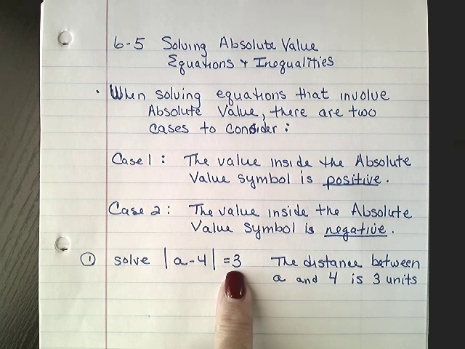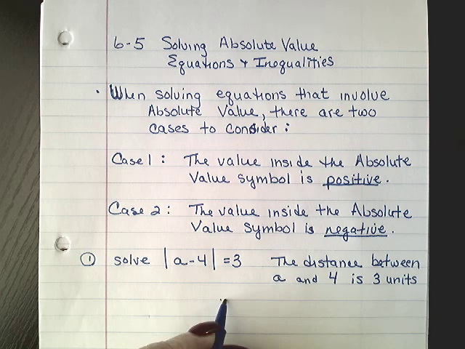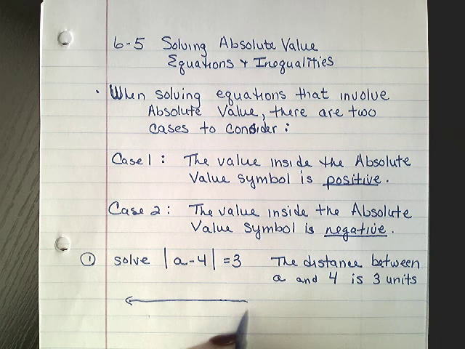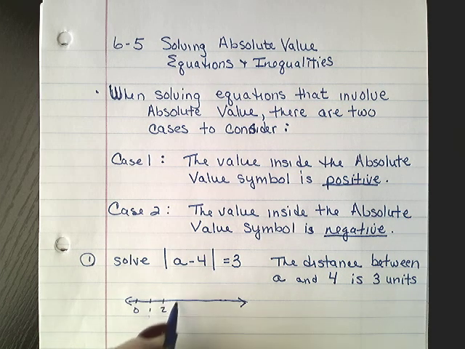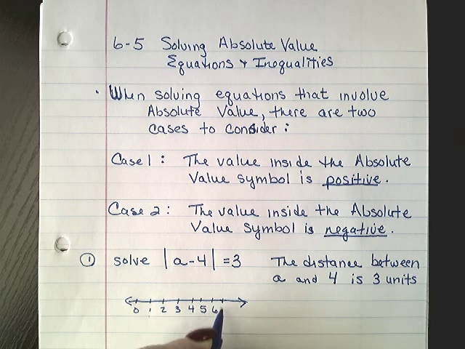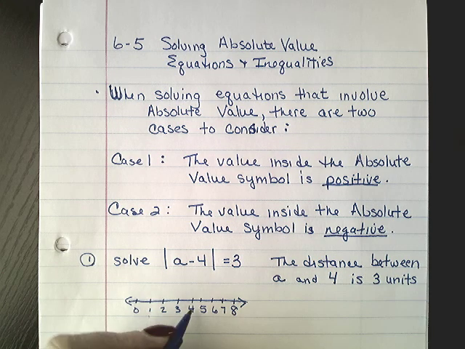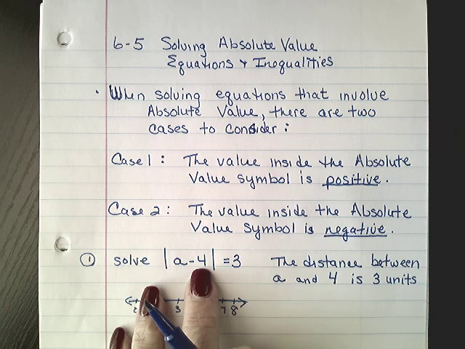So we could do this two ways. We're going to first solve it by graphing it. All right, so here's 4. 4 is our number that we're looking at from the absolute value.